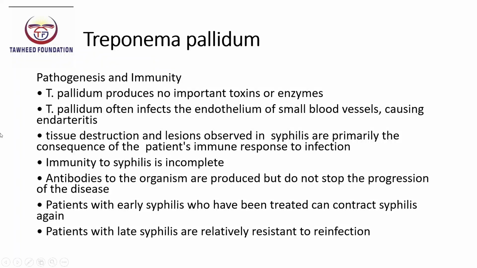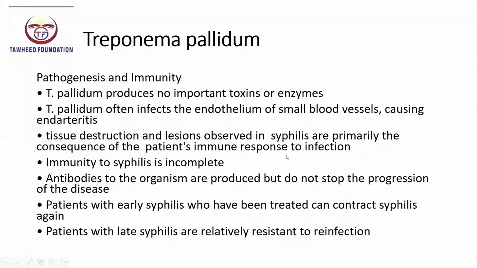So, regarding immunity and pathogenesis, Treponema pallidum produces no important toxins or enzymes. It often infects the endothelium of small blood vessels, which causes endocarditis. The tissue destruction and lesions observed in syphilis are primarily the consequence of the patient's immune response to infection.